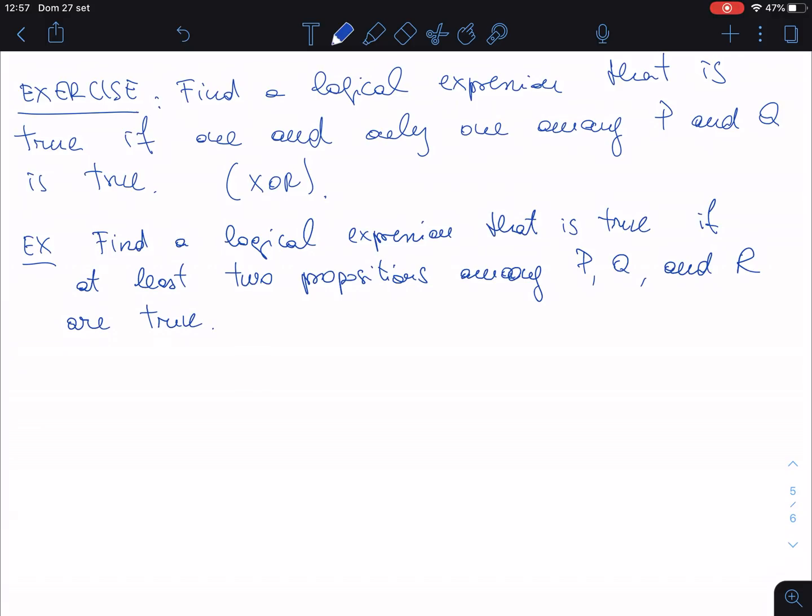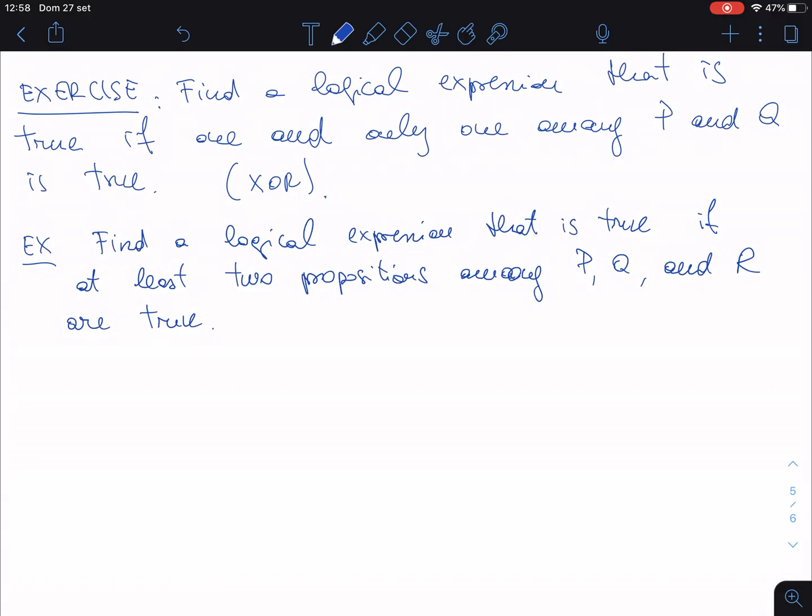So this time you have to play with three propositions. Put them together using the logical connectives and then extract an expression like that. It is true if at least two of them are true. So it is a sort of an extended OR. OR asks at least one, and you will write down an expression that wants at least two.